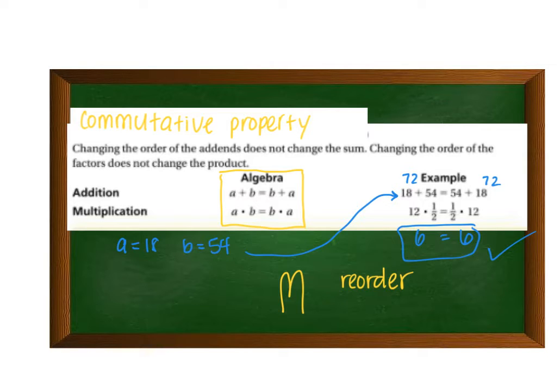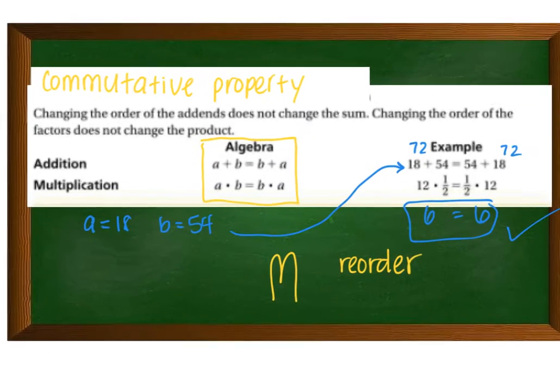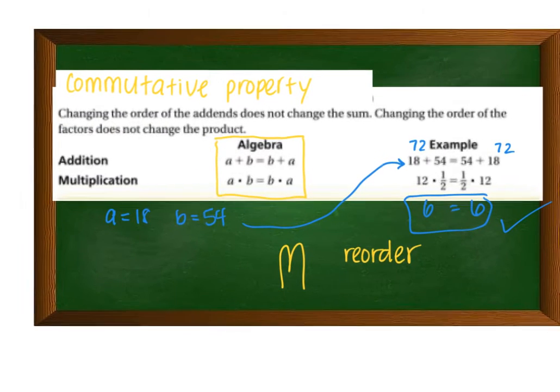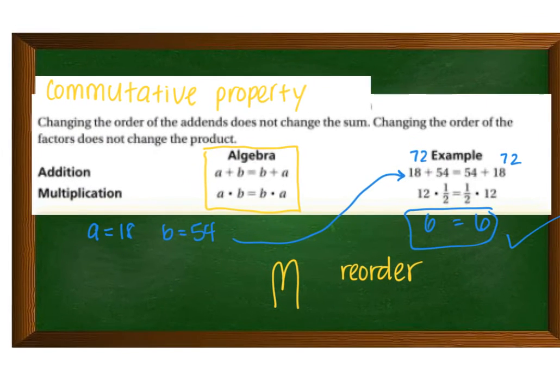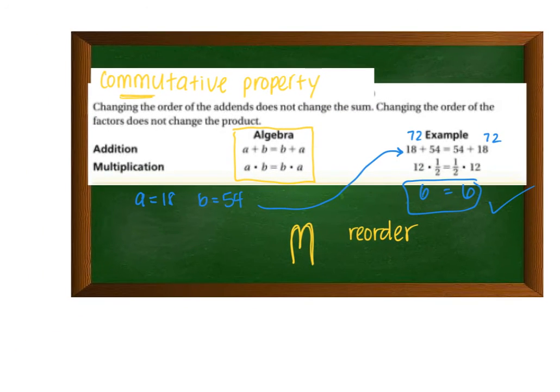See how we reordered A plus B to be B plus A? When we are reordering, okay, think about McDonald's. At McDonald's drive-thru, you always have to reorder and reorder and reorder until they get it right. Think of that giant M, and we've got the double M in commutative, okay? It's a little tricky, but that's how I remember it. If that helps you, good. If it doesn't, you got to find another way.